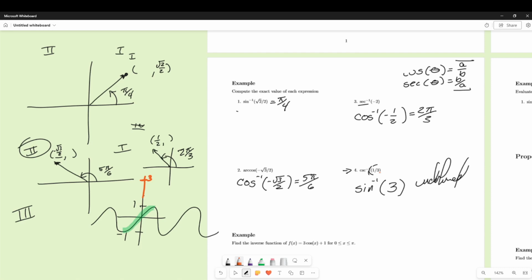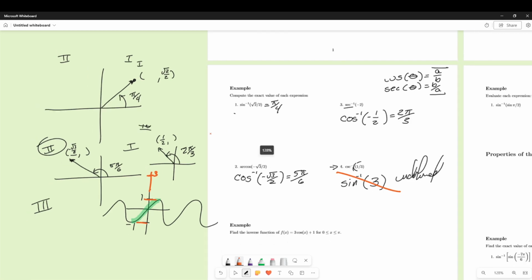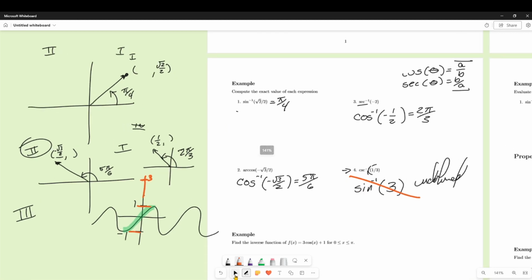So that's really common. Remember our domain and range from our other section. The sine can only output something from negative 1 to positive 1, so the sine inverse can only input something from negative 1 to positive 1. So that problem just has no defined answer, and you're done. And that's it.